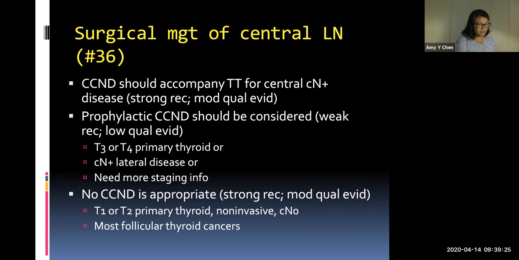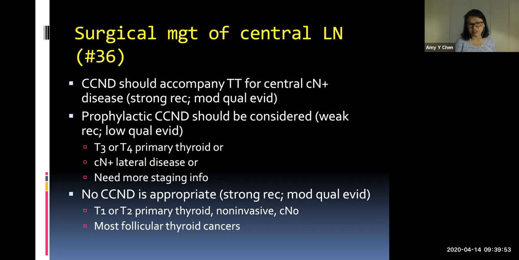So moving on to what is next for the central lymph nodes. Should you do a central lymph node dissection or not? And I think that this is where we don't have great evidence. We have low quality evidence for prophylactic central lymph node dissection. Now we tend to recommend it just for larger tumors such as T3 or T4.